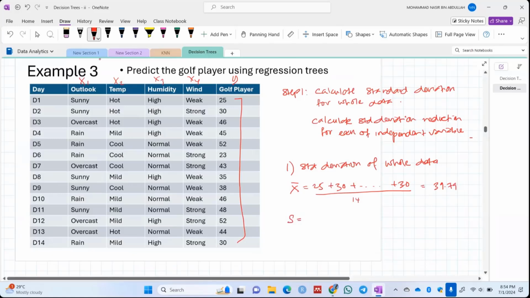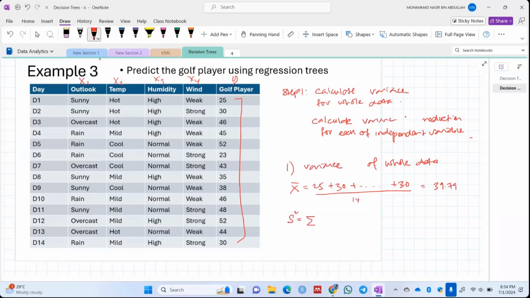I think this is not the standard deviation, this is the variance.